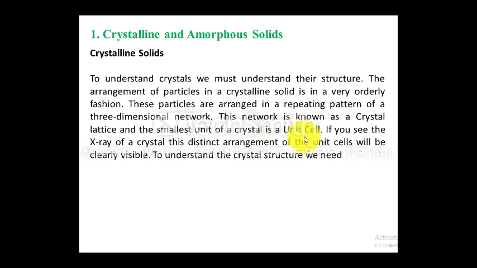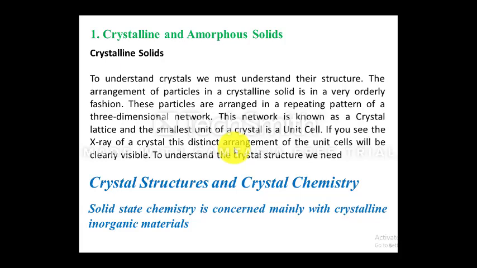We can see the crystal structure by using X-ray diffraction, and by using X-ray diffraction we can get clear information about the crystal structure of a material. Crystal structure and crystal chemistry help us to understand the crystal structures.